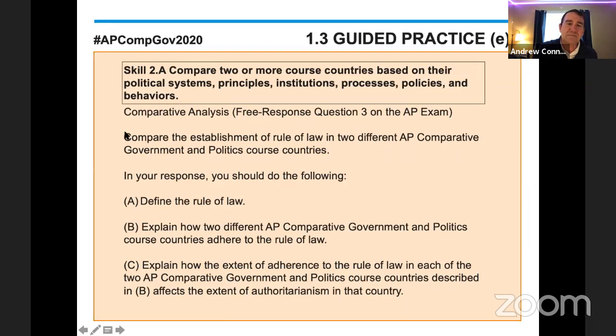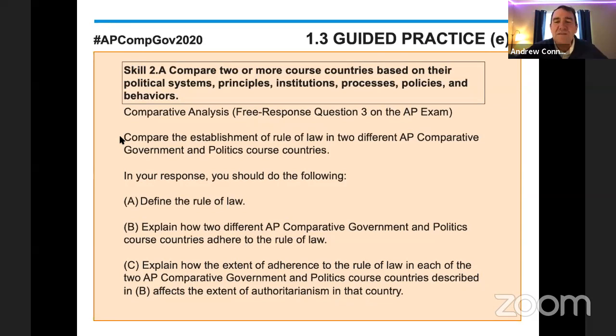Read the stem, read the beginning of the question. So it starts here. Compare the establishment of rule of law in 2 different AP Comparative Government and Politics course countries. In your response, you should do the following. Define the rule of law.